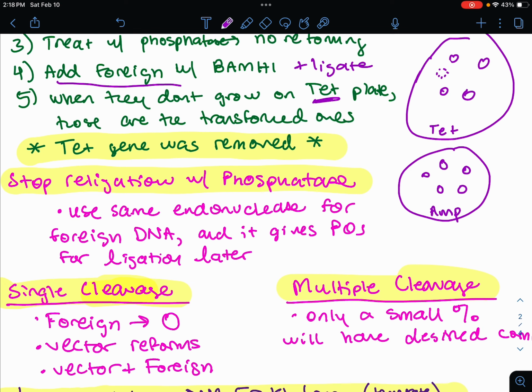That's why we have those restriction enzymes, and it offers somewhat of a degree of specificity there. But when we plate them on tetracycline, look, we have one of those colonies not there, so that one must have had its gene removed, that plasmid specifically. That's the one with gene X, the gene of interest, this missing colony right here. So we go back to our ampicillin plate, and then we just get that plasmid out of it.